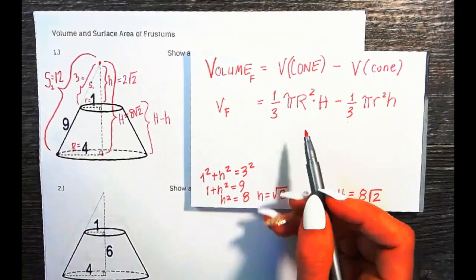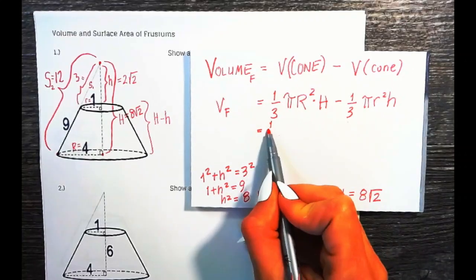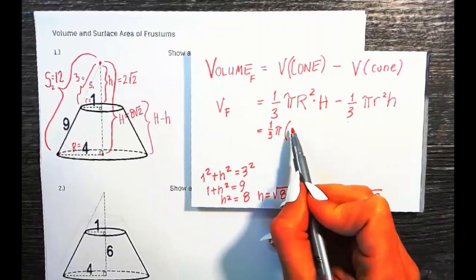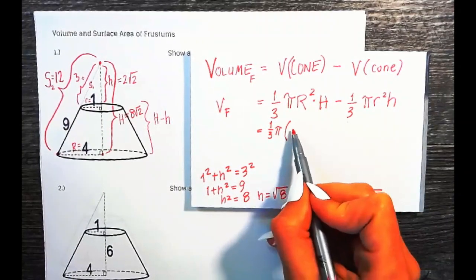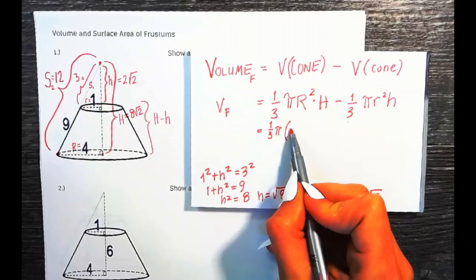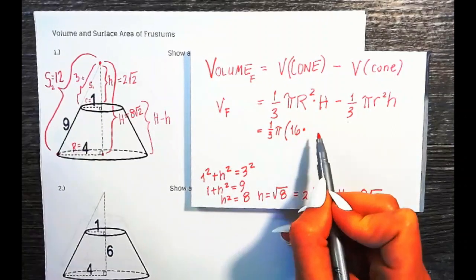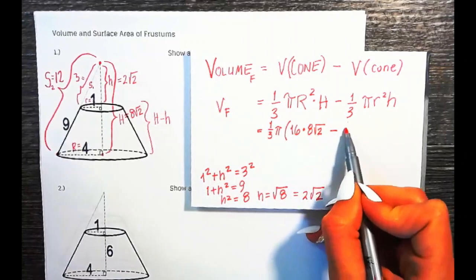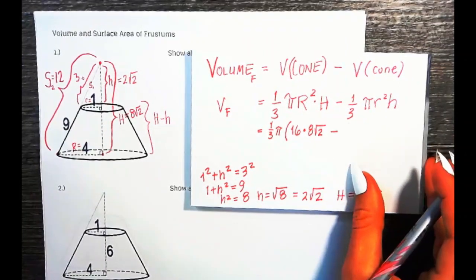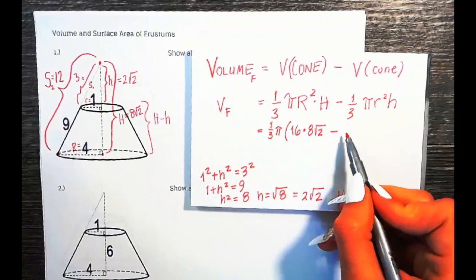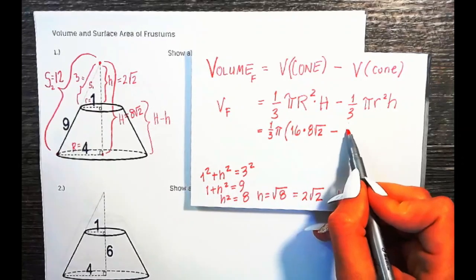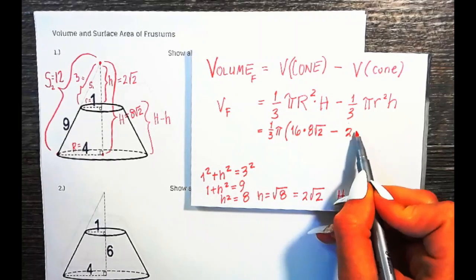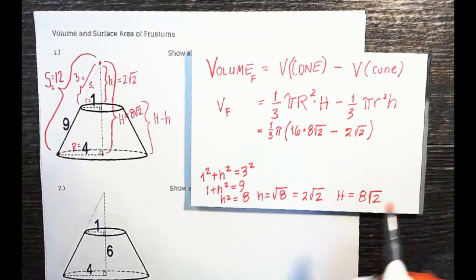Then we could just fill in all of the pieces. 1/3 pi, I can factor out front, save it for the end. Capital R squared will be 4 squared, or 16, times capital H is 8 square root 2, minus, remember I factored that 1/3 pi out front, lowercase r is 1, squared is 1, which I don't really need to write, and lowercase h is 2 radical 2.